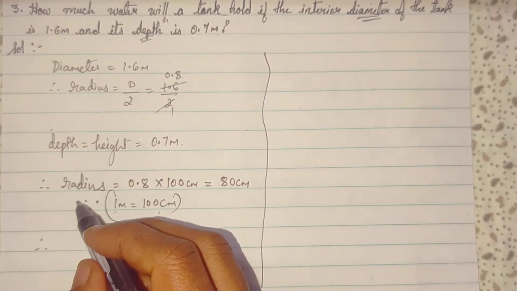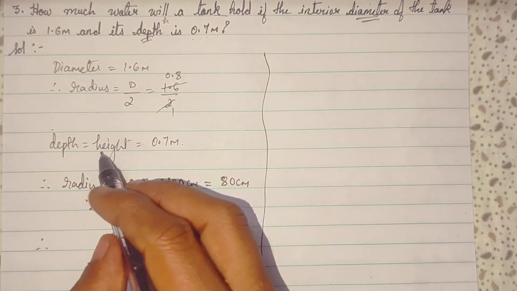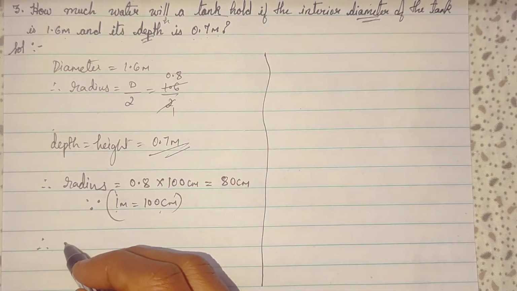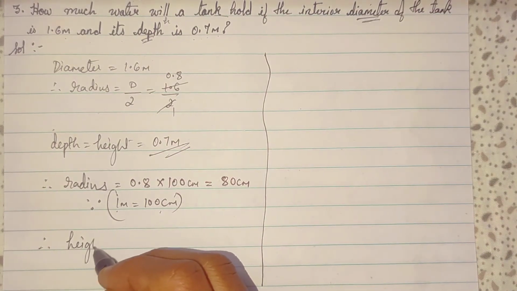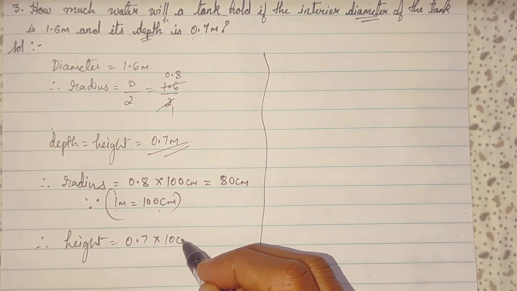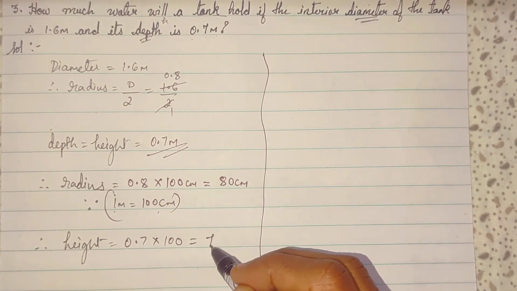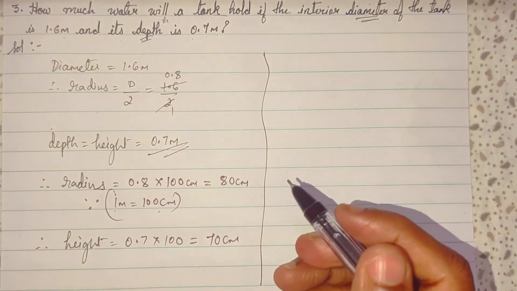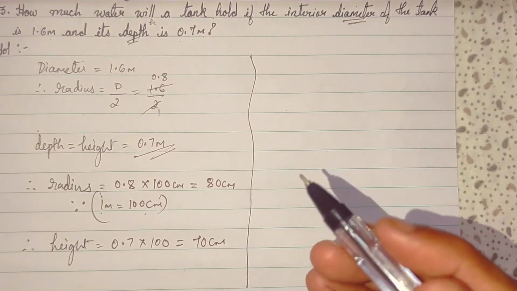Then after this, the depth, this height, also has to be converted to centimeters. So height is 0.7 into 100, that is 70 centimeter. Now you have radius and height.